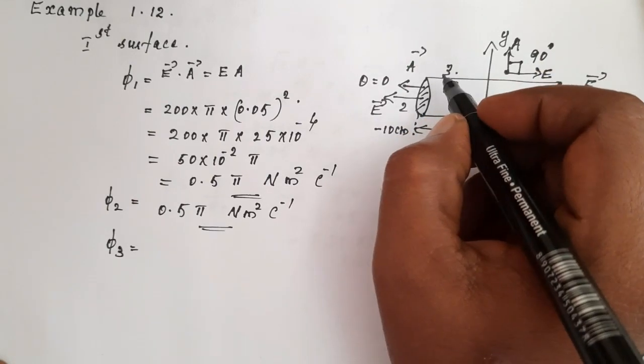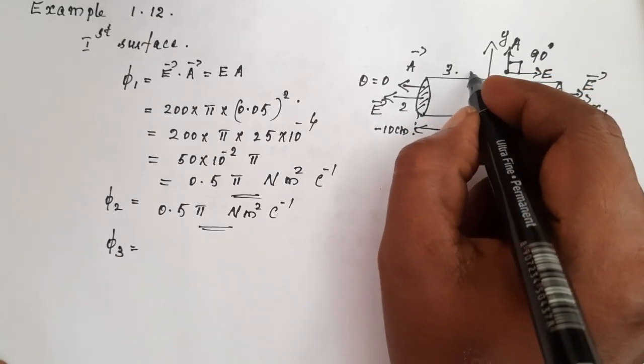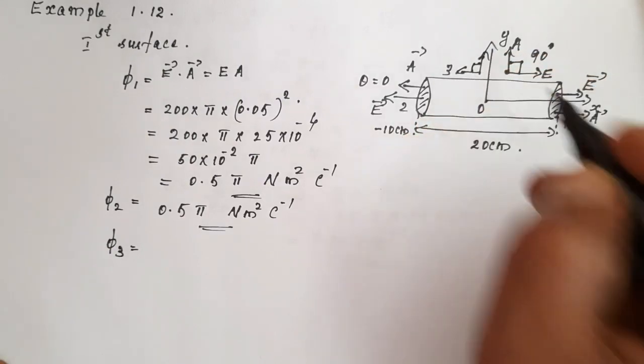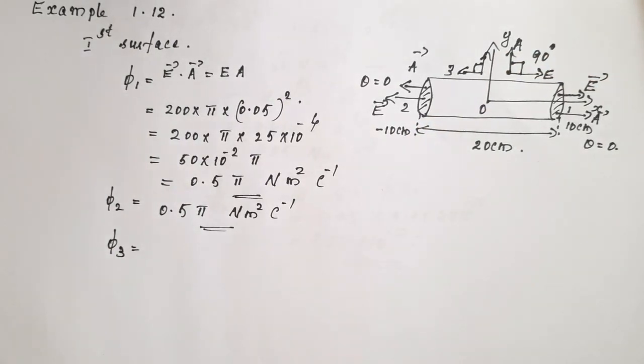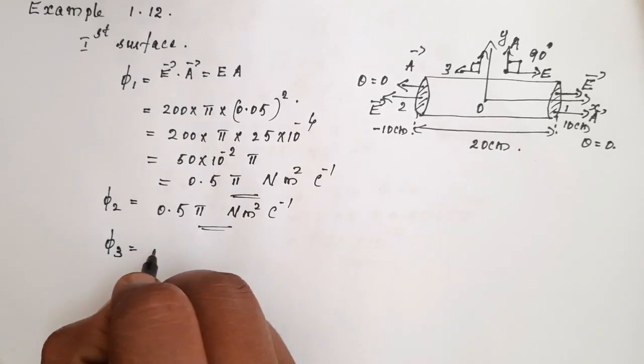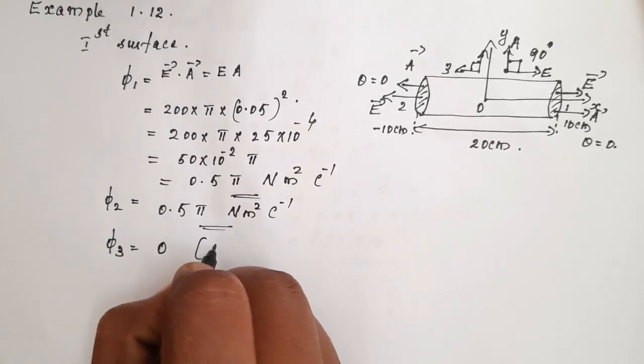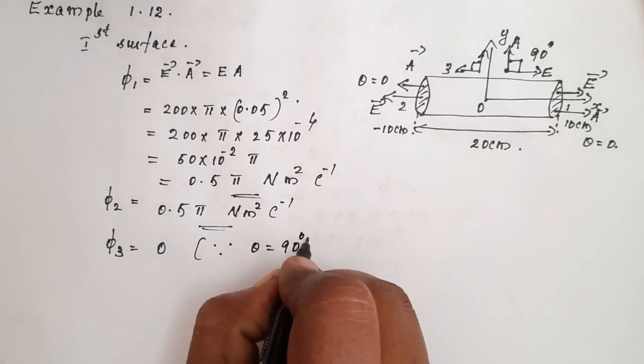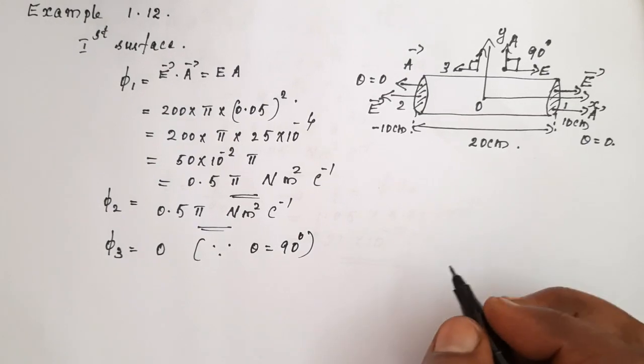If we draw on this side also, the electric field will be in this direction and the area vector in this direction. Again the angle between them is 90 degrees. So phi 3 will be equal to 0 since theta equals 90 degrees. So through the curved surface, there is no flux.